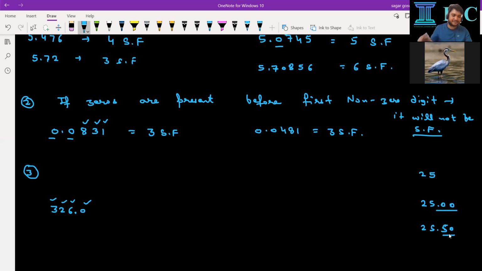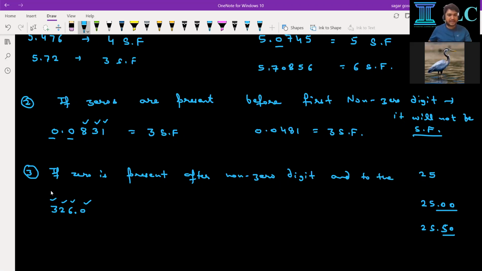So if zero is present after a non-zero digit and to the right side of the decimal, then it is a significant figure.